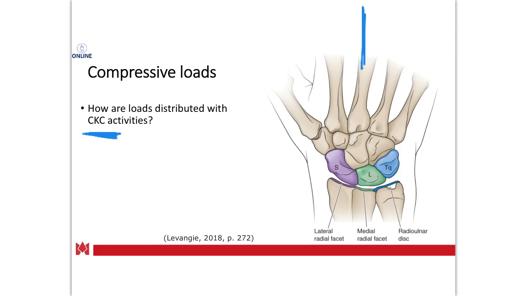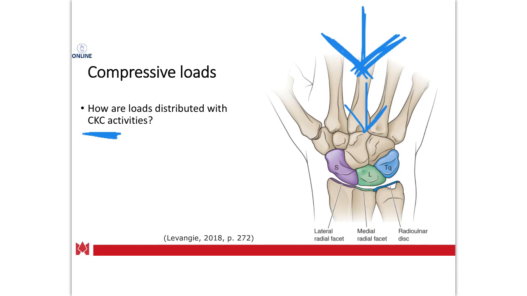Sometimes there is this compressive load going through the hand, and we know often the hand is in an extended position, which is going to be more closed pack position. And so how is the force distributed from the hand along the carpals to the other forearm bones?